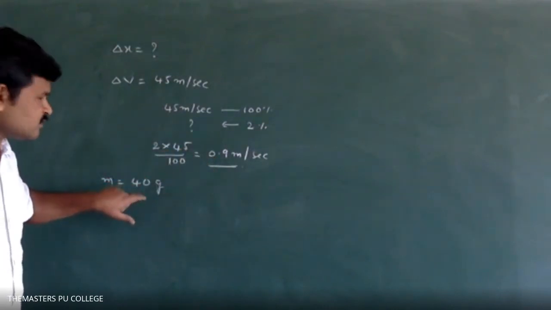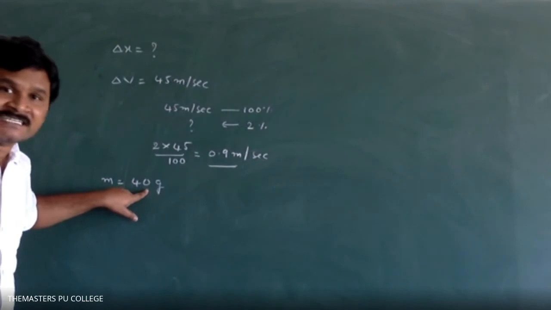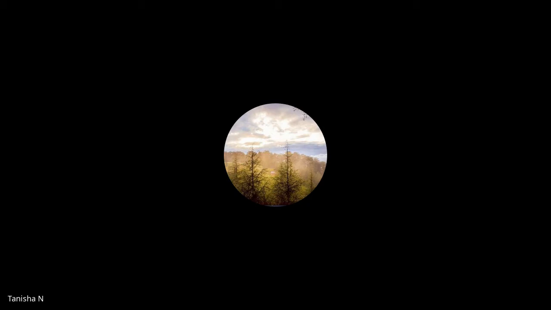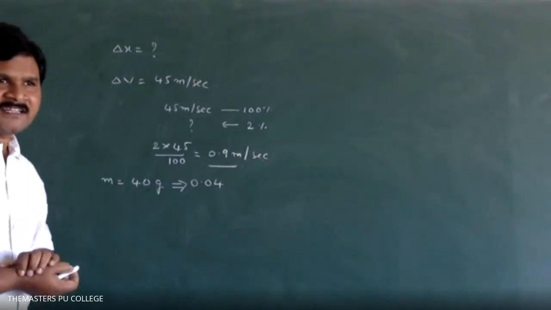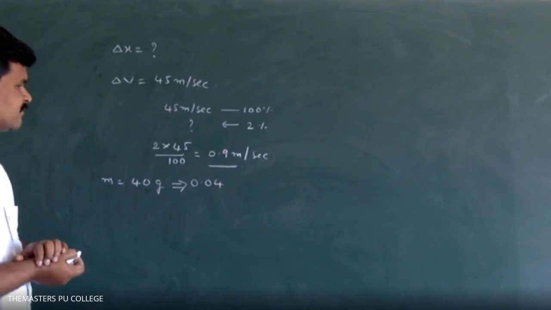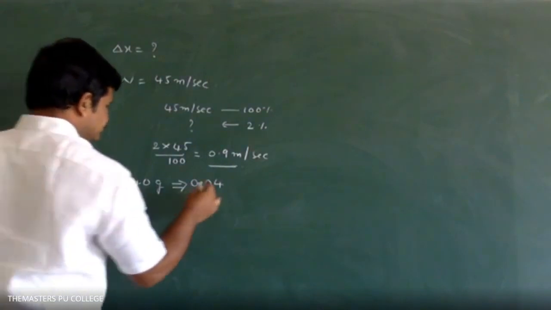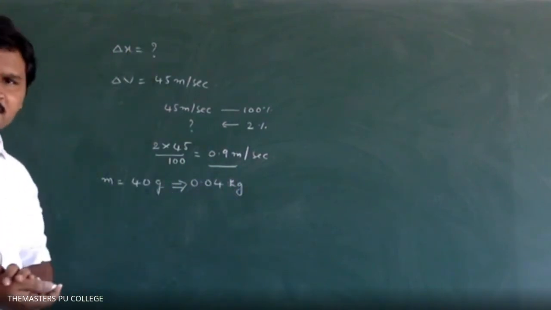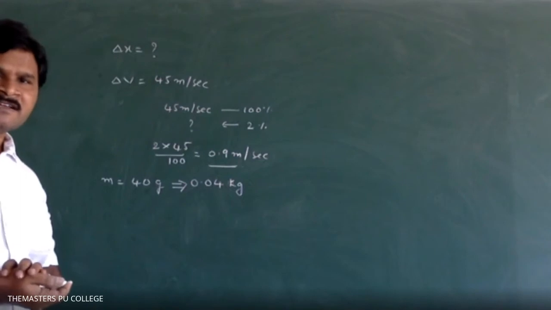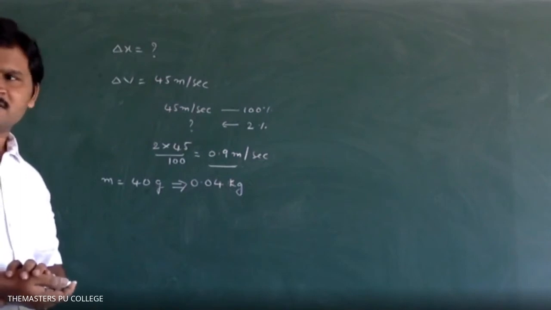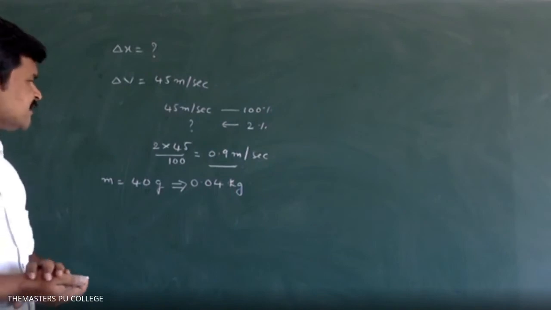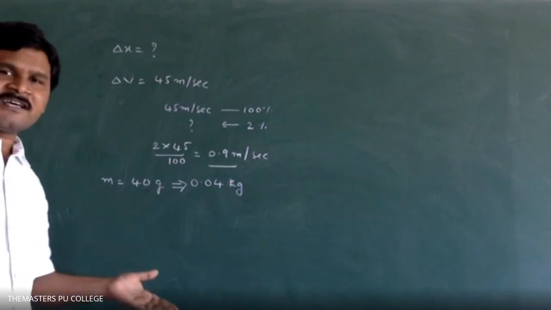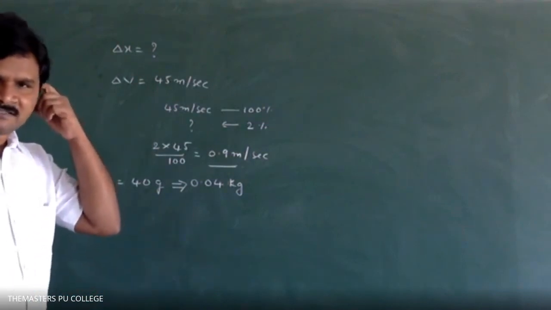No. So we have to convert this one into kg. 40 grams is how many kg? 40 into 10 power minus 3 kg, that is 0.04 kg. 4 into 10 power minus 2 is 0.04 only. Both are the same. If you have doubt, put 40 into 10 power minus 3. Okay, no problem.